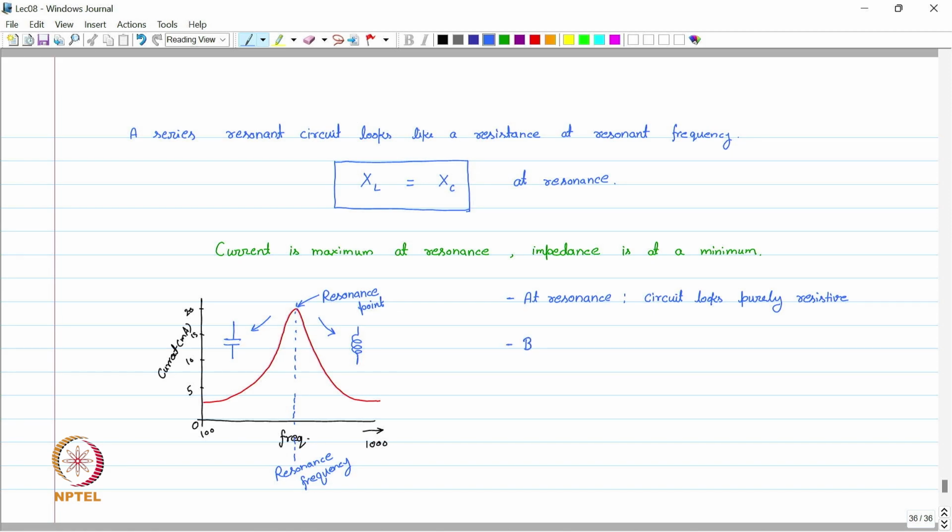Below resonance, the circuit looks capacitive, and above resonance, this looks inductive.